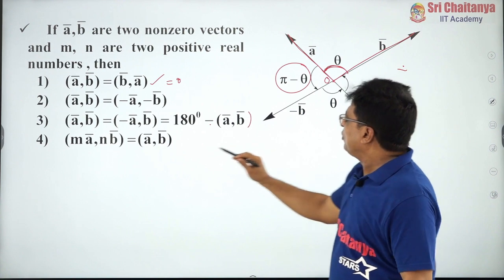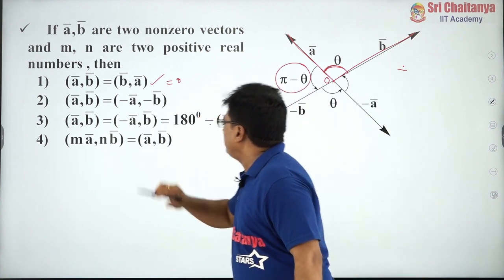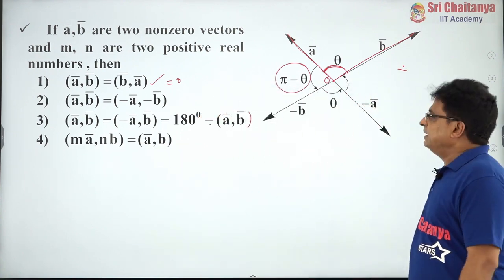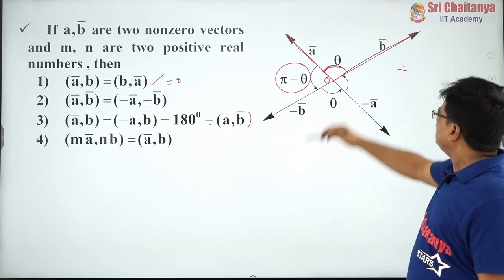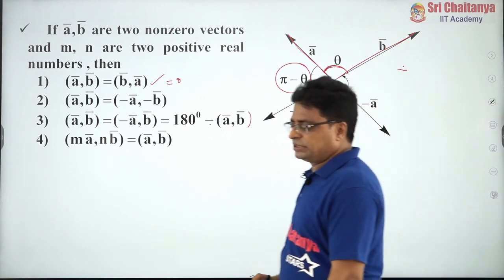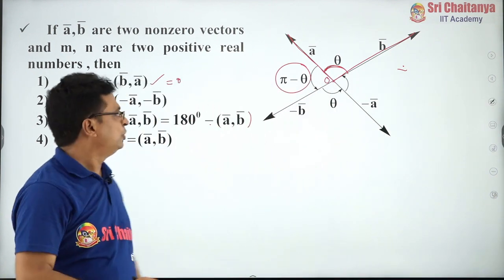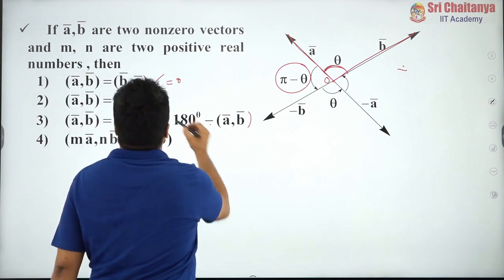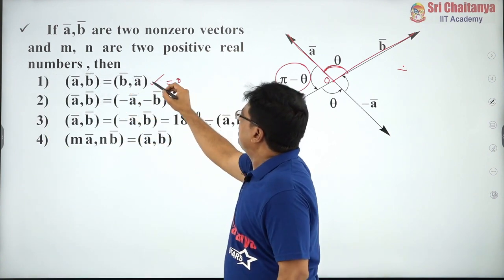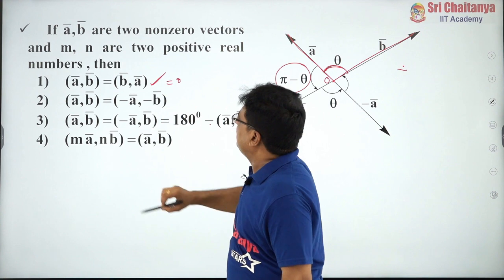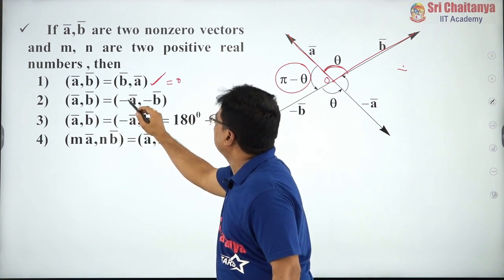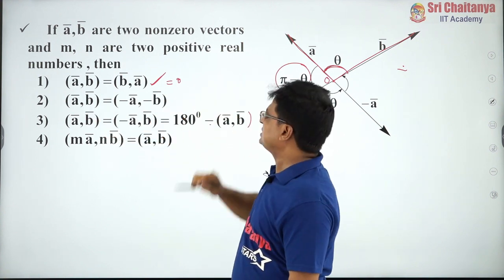Clear? And moreover, angle between m A bar comma n B bar is equal to angle between A bar comma B bar, for positive m and n. These are the basic properties of angle between two non-zero vectors. So, angle between A bar, B bar is nothing but angle between B bar, A bar. Angle between A bar, B bar is equal to angle between minus A bar comma minus B bar.